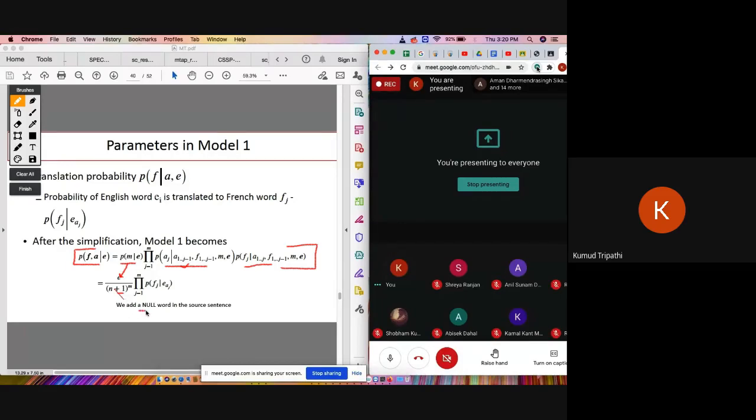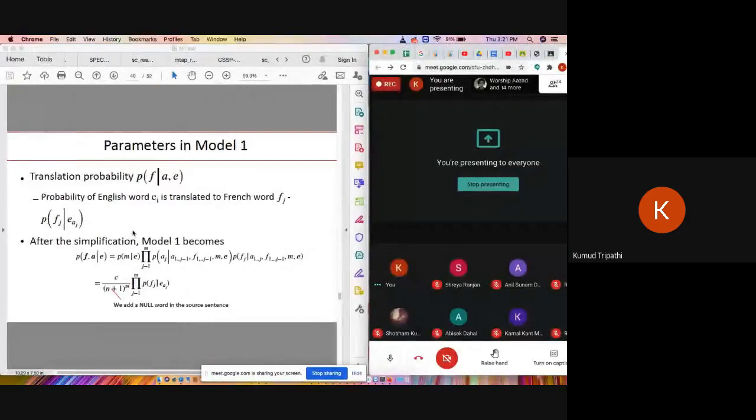Because we add a null word, because for the missing word we are providing one more row, and that is the null word. That's why plus 1. And why is the power m? Because here we are performing multiplication from 1 to m. That's why this power is here. Now you are left with only this translation model, the probability of f given e, which we have already seen in the last slide, last example.